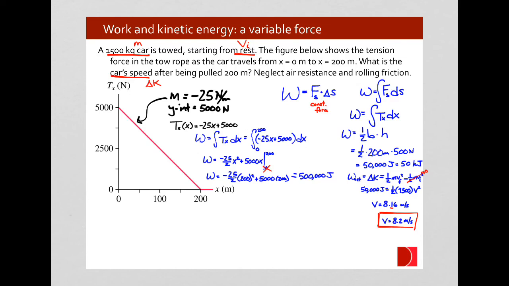This is why it's always good to check yourself, because I see over here I used 500 joules instead of 5,000 joules, and so I ended up with 50,000 joules instead of 500,000 joules.